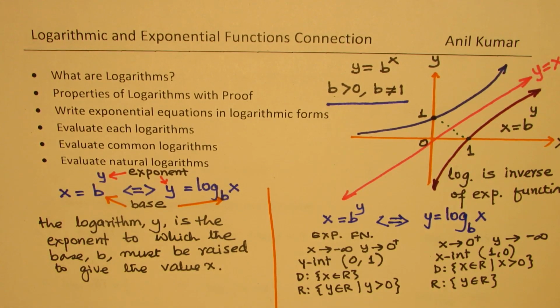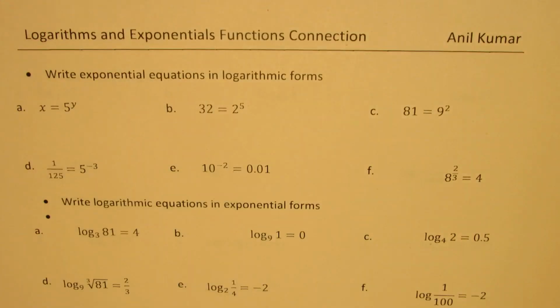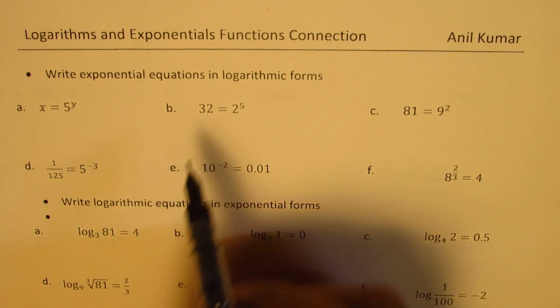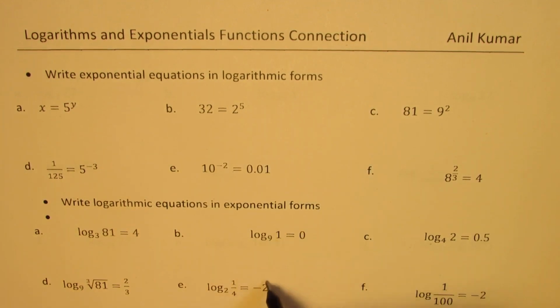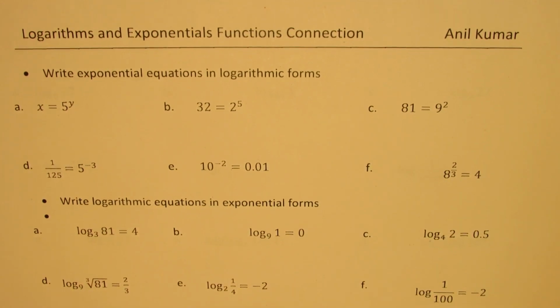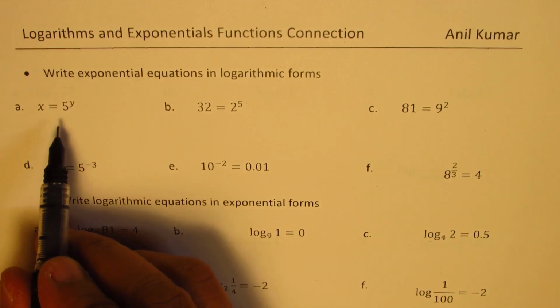Do you see that? So this is what we are going to do in the exercise: writing exponential functions in the form of logarithms, and the reverse we'll do later right here. That should be a good exercise. So let's begin with the very first one.